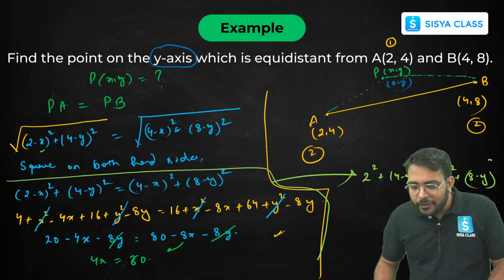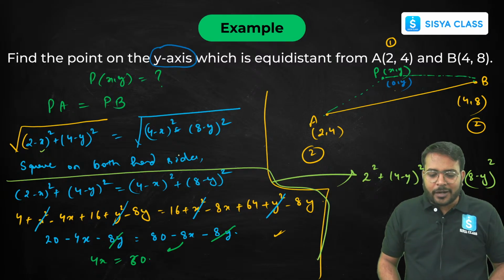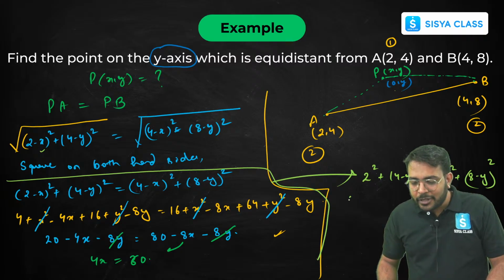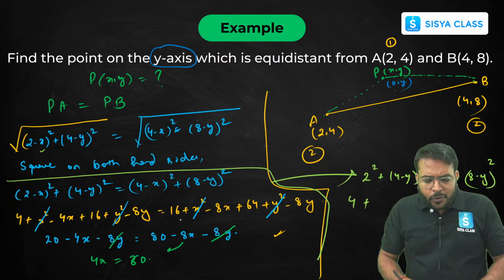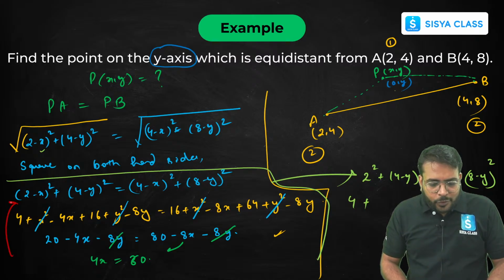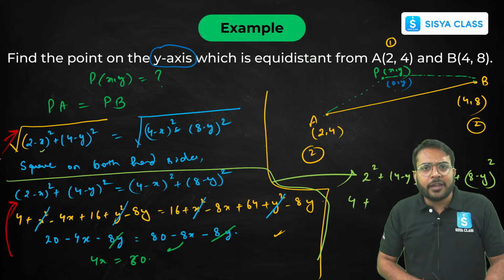And here you will get your y coordinate. Understood my point? Okay, so don't make this mistake in your exam. Directly here itself you can substitute your x value as 0.